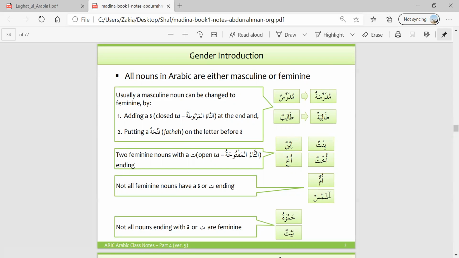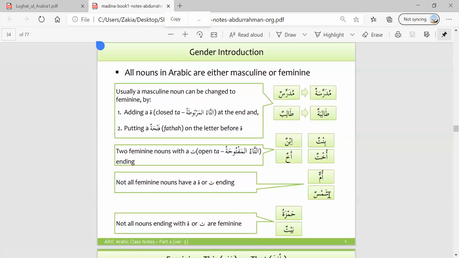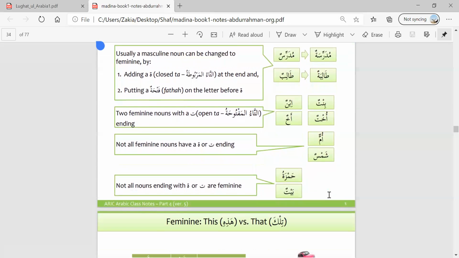Ummun is a feminine noun, but it doesn't take ta marbuta. There are some that are naturally feminine but may not be obvious because they don't take the ta marbuta, and that just comes to you revising and knowing which words they are. Shamsun is another one that is feminine but doesn't take ta marbuta.